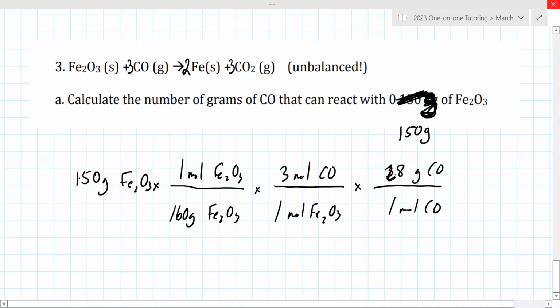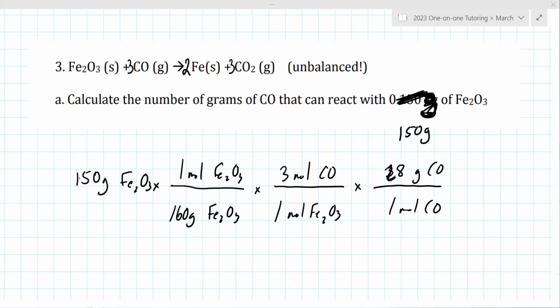CO. Grams of CO. And then 150. And I got 78 or 79 grams of CO.